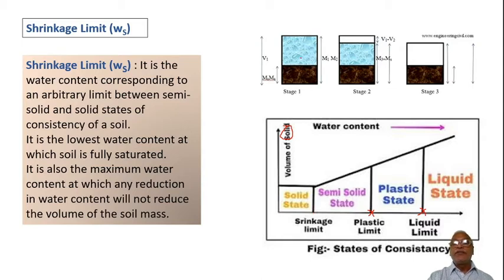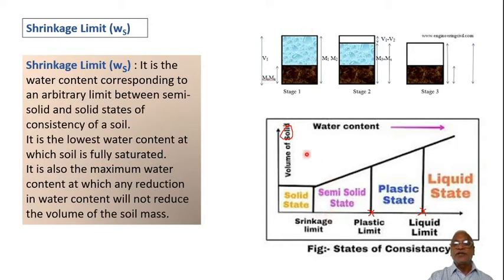Here you can see in the sketches also how it is shown. Here there is only solids. Here there is a lot of water, volume is there. Now when you dry it, the volume will be maintained, but the water content decreases. That is the stage somewhere there. There is water content and it is decreasing, right?